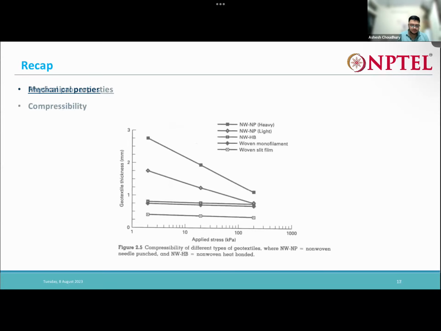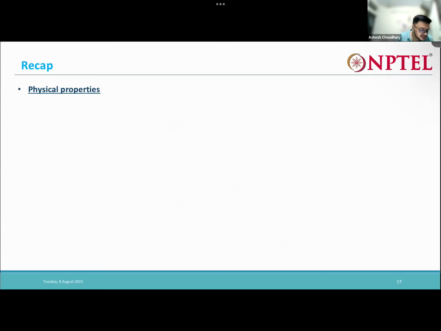Now physical properties. The physical properties mainly are the specific gravity, the mass per unit area, the thickness, and the stiffness. So what is specific gravity?